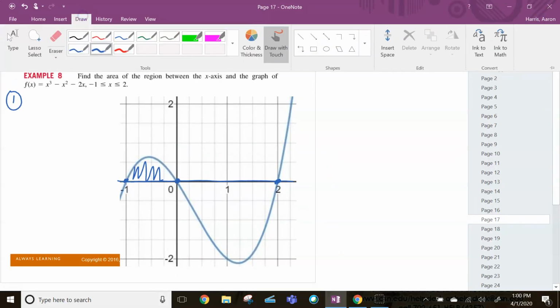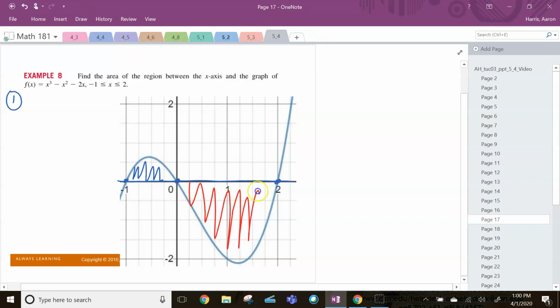We're trying to find this area as well as this area. Now, if you remember, when we're finding the area by taking the integral, this area in red is going to end up being negative. Because if you think about that limiting process with those Riemann sums, you've got those y values that are a negative value times your positive width.